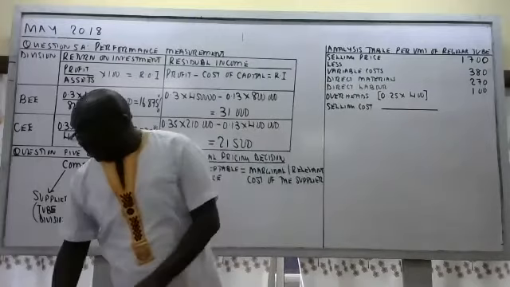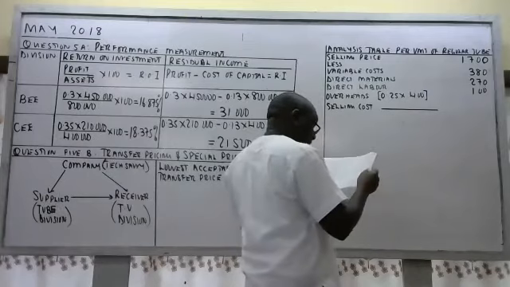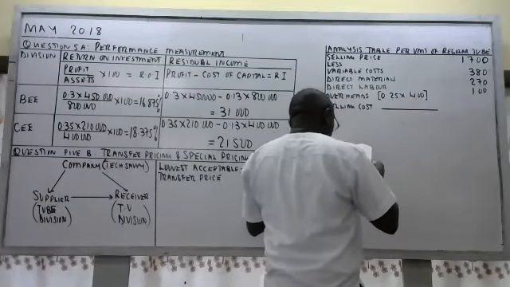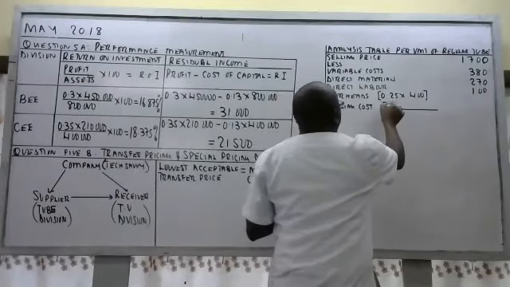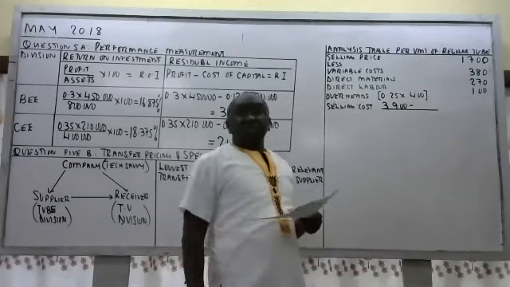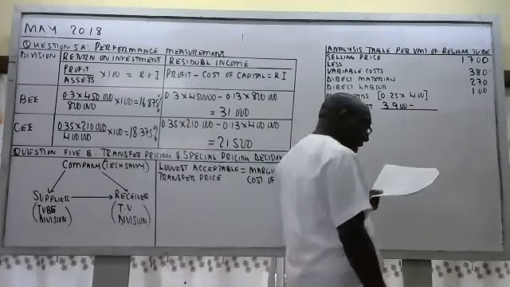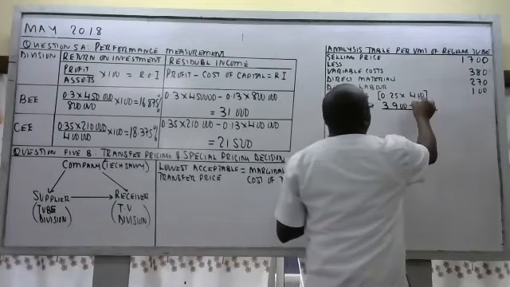Using the figures in thousands, the total is 3,900, which is up there. Then below we are told the fixed is 500.